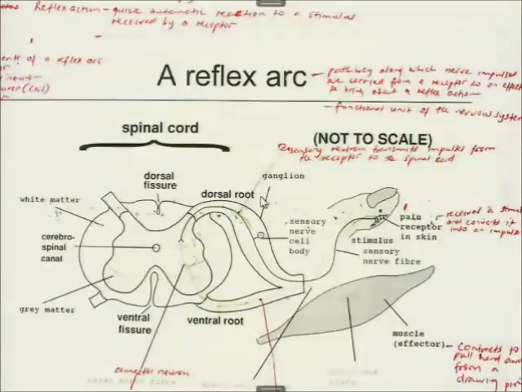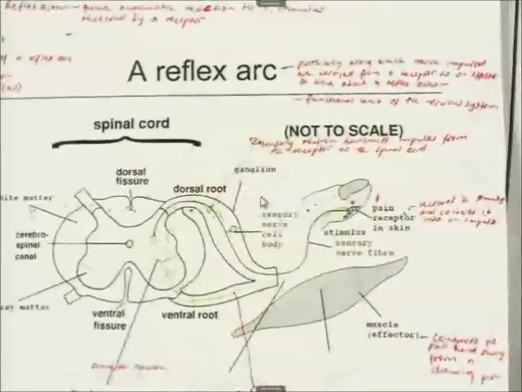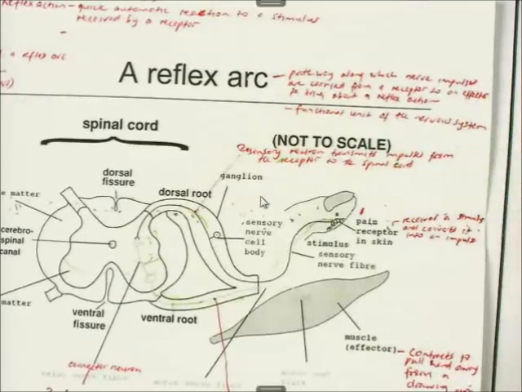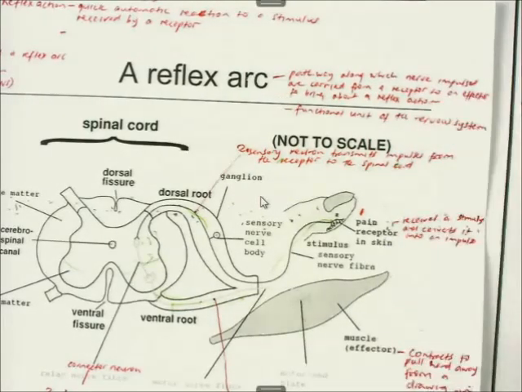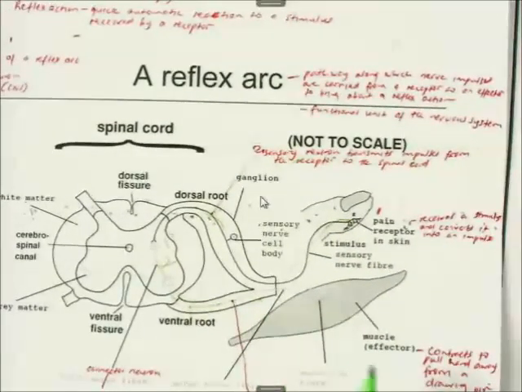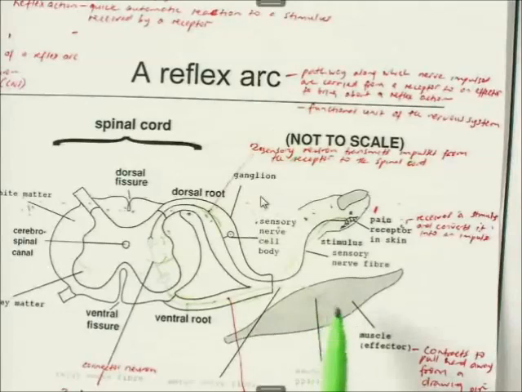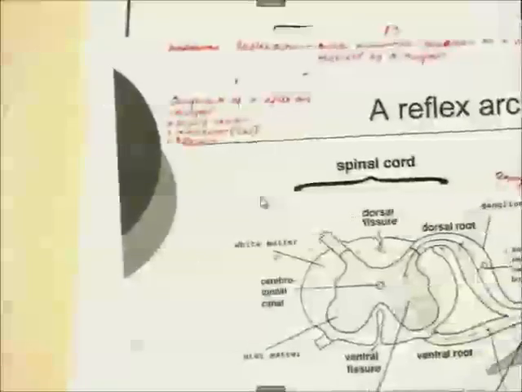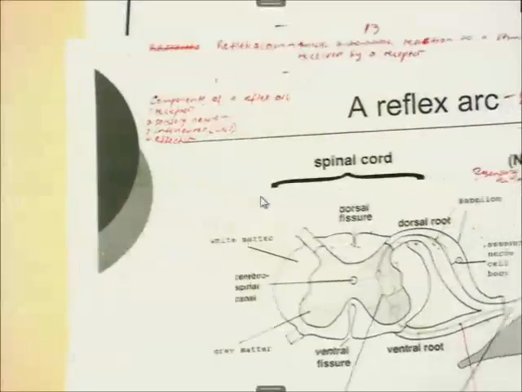Another term is a reflex arc. A reflex arc is a path along which nerve impulses travel from a receptor to an effector to bring about a reflex action. A reflex arc has 5 components.